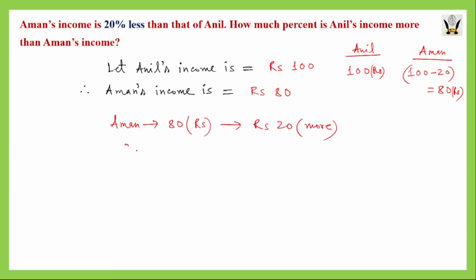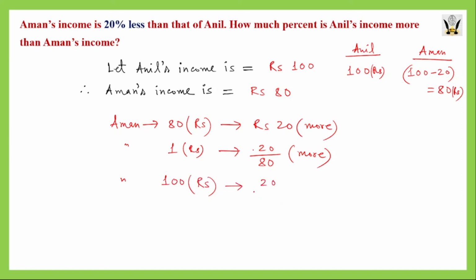So when Aman's income is 1 rupee, how much more will Anil's income be? It will be 20 divided by 80. Now when Aman's income is 100 rupees, then with respect to that income, how much more will Anil's income be?